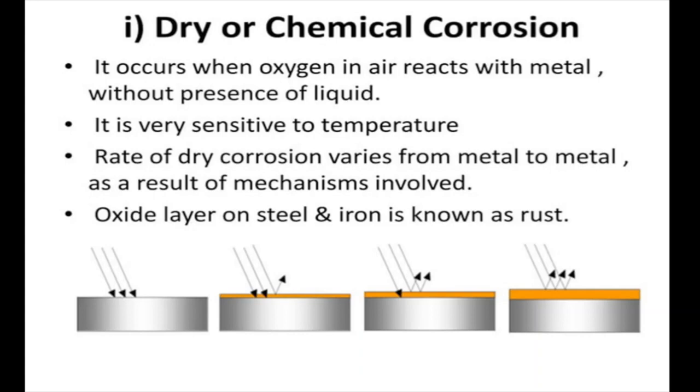Definitely we cannot give any postulate or law for the rate of corrosion of any particular material. It varies from metal to metal, alloy to alloy. And the oxide layer on steel and iron is known as rust, that we know very well.